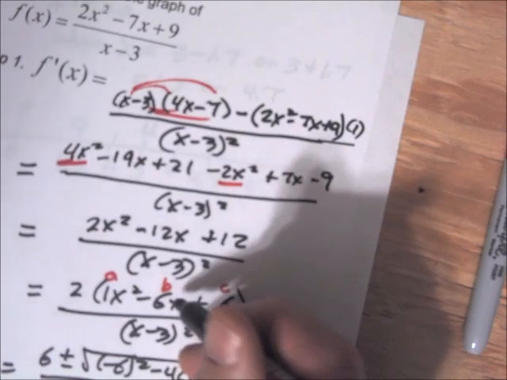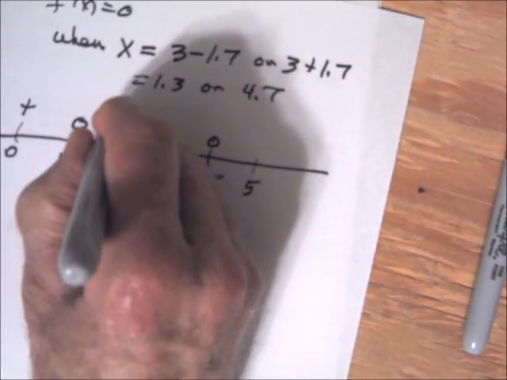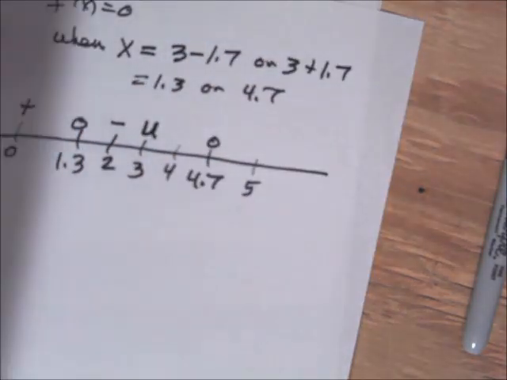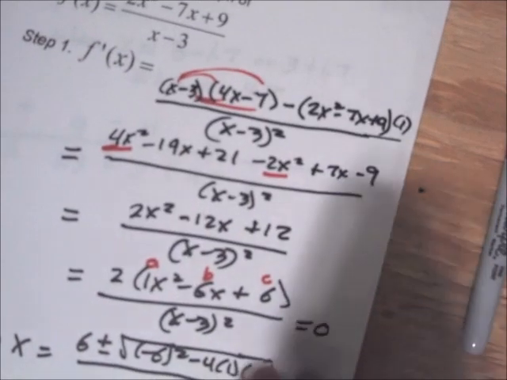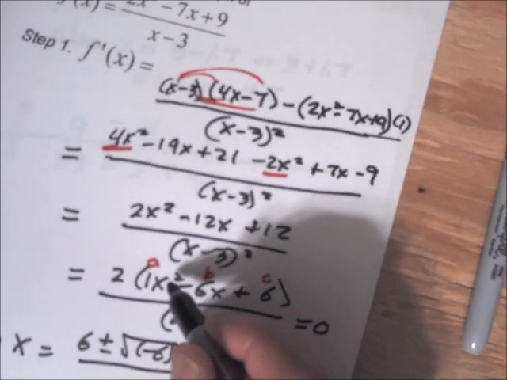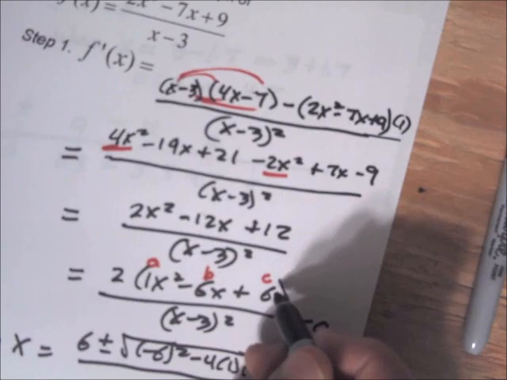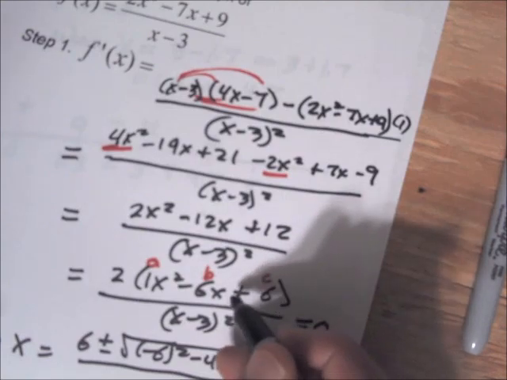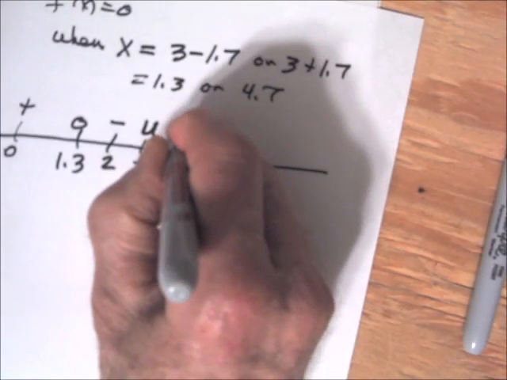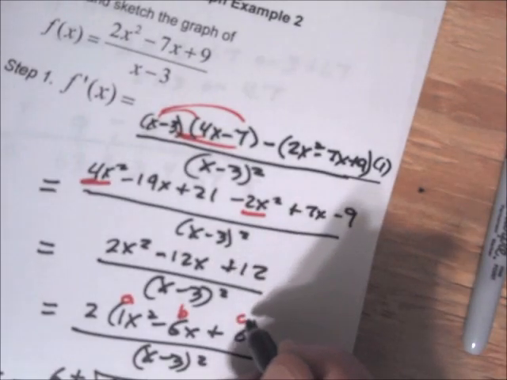And this is going to be a negative 12, so this will be negative here. If x is 4, we have 16 plus 6 is 22, minus 24 is going to be negative. If x is 5, 25 plus 6 is 31, minus 30 is positive. Okay.